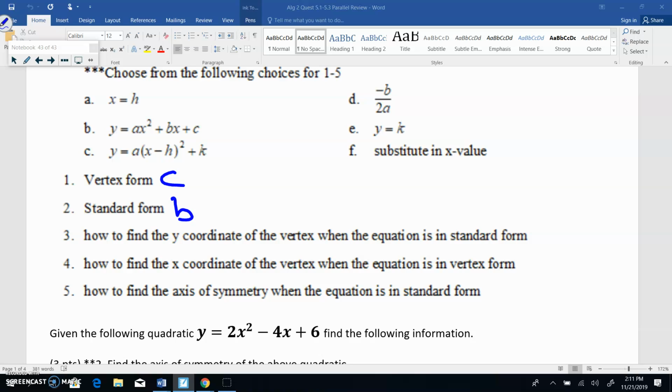In order to do that, you need to substitute your x value, which is f. How to find the x-coordinate of the vertex when the equation is in vertex form? That is going to be a. And finally, how to find the axis of symmetry. That's just your axis of symmetry formula, which is the opposite of b over 2a, which in this case is d.